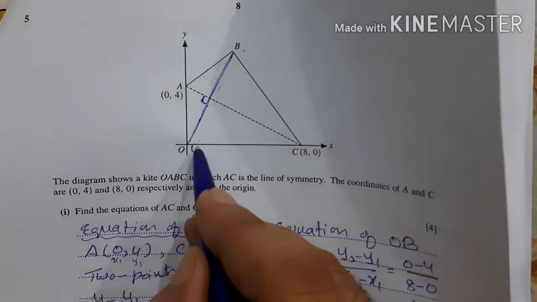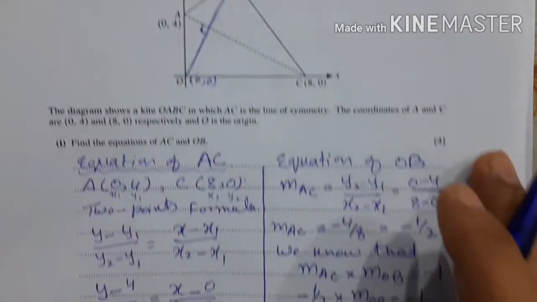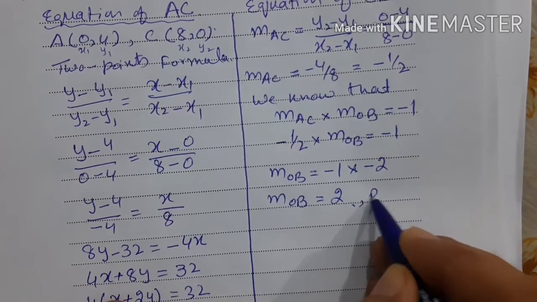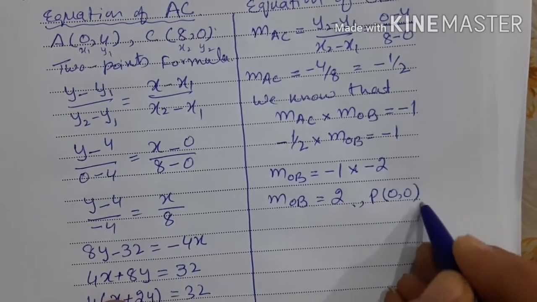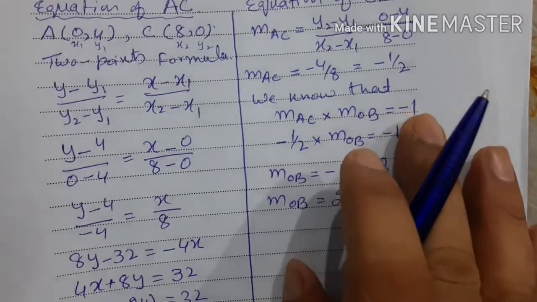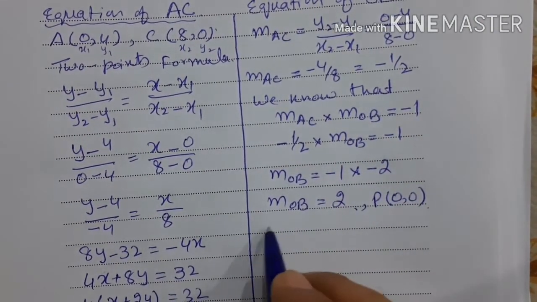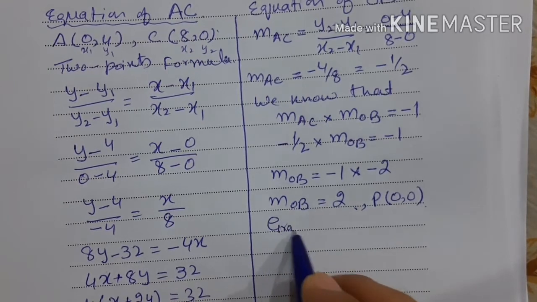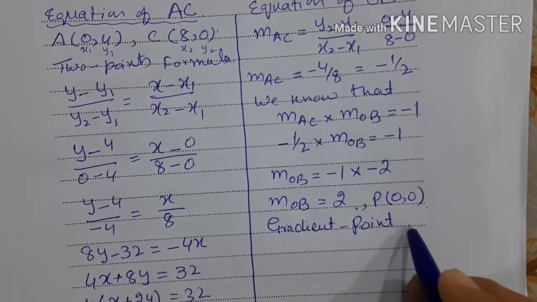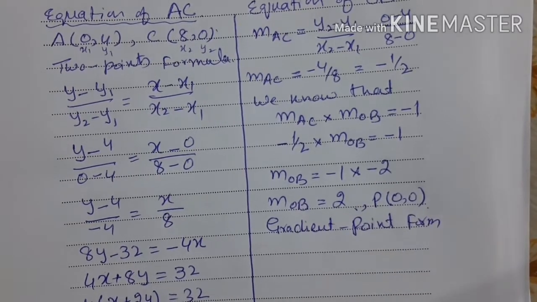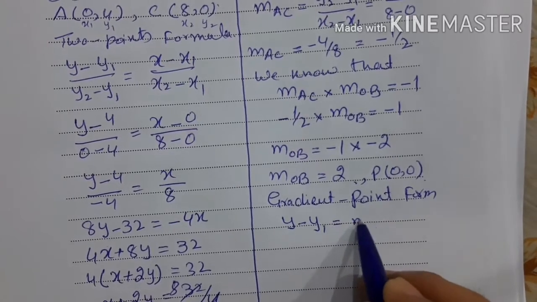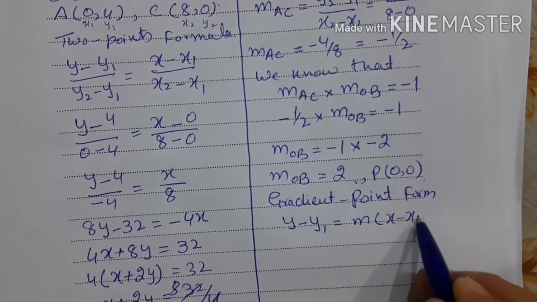So I got the gradient, and also this OB passes through the origin 0, 0, so I got a point as well. So I got gradient and point, so I can use the gradient point form of the equation, which is y minus y1 is equal to m into x minus x1.